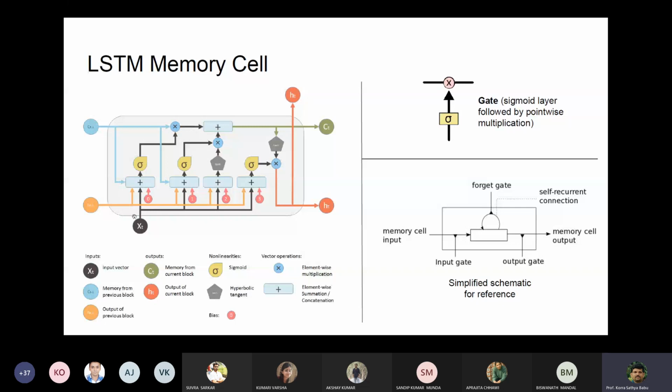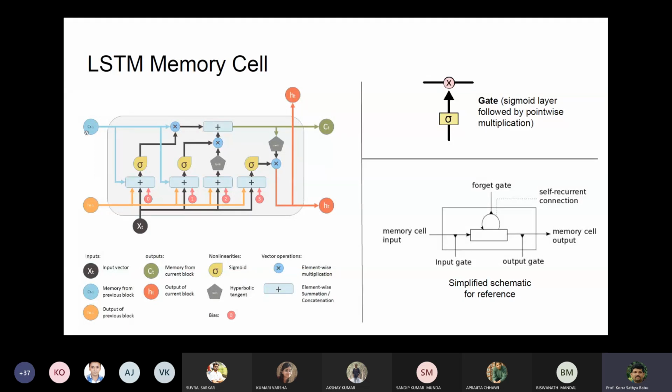Now please concentrate on this particular slide, which is very important. These are the inputs that you are giving to this memory cell. Basically the input is the input vector xt, and it gives input to the different gates also: the forget gate, the input gate and the output gate. Then the memory from the previous block, c t minus 1: at current time t you are using the memory value c t minus 1.